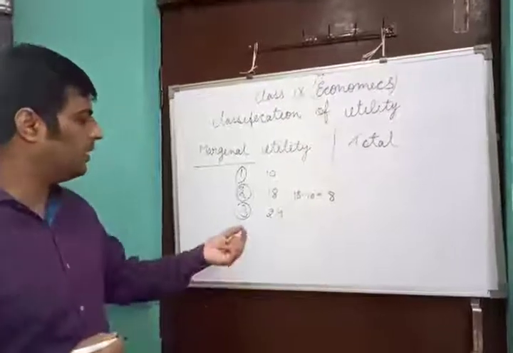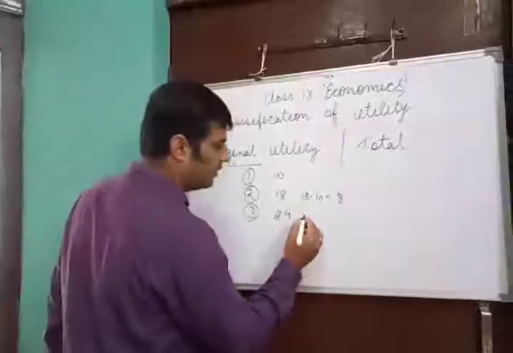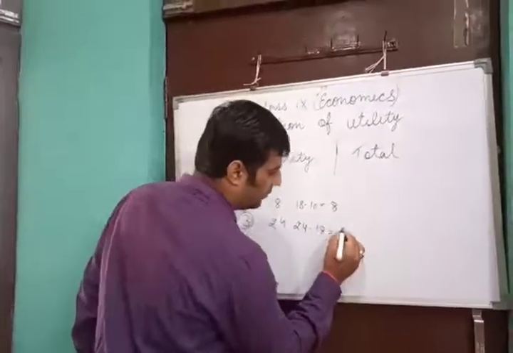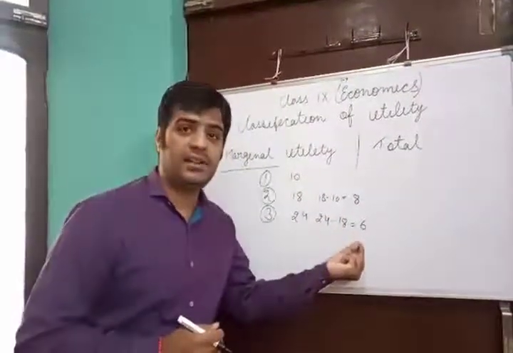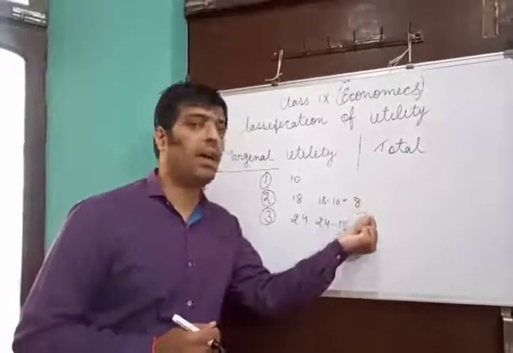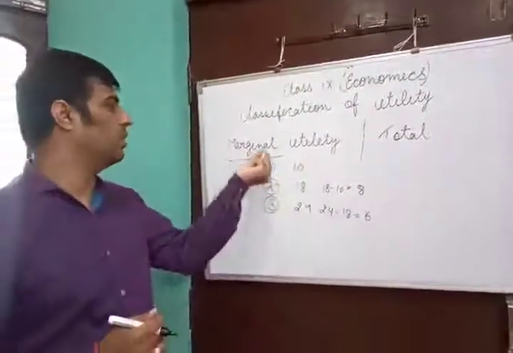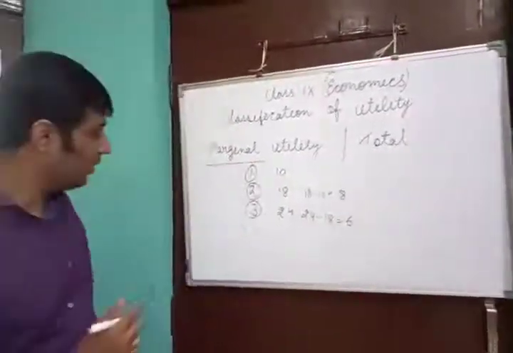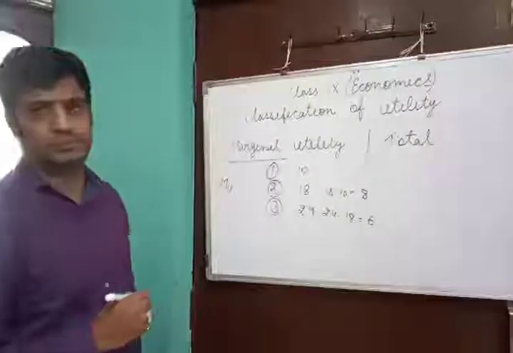And if the marginal utility of the third chapati is asked, then it will be 24 minus 18 is equal to 6. That is, the net addition made by having one more unit is called marginal utility. It is denoted by MU.